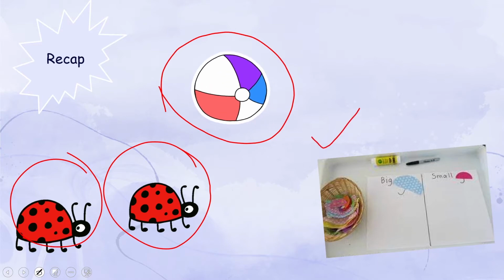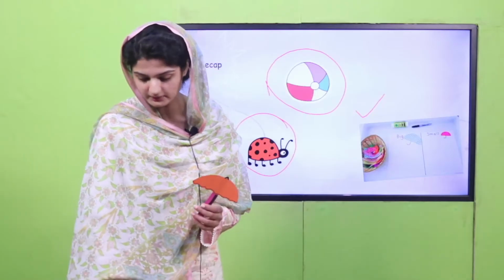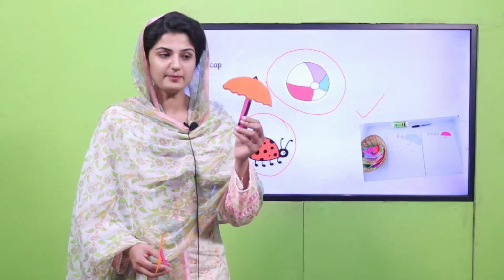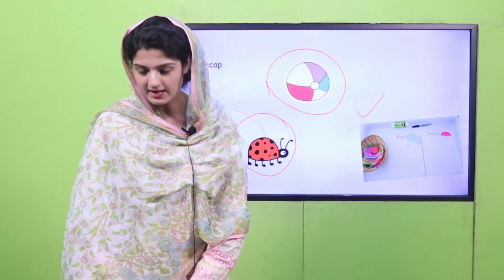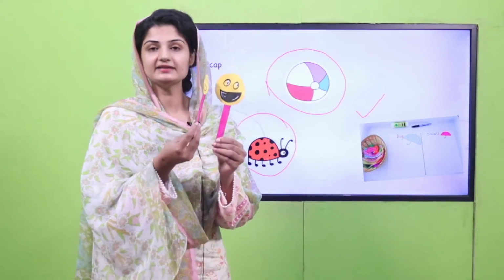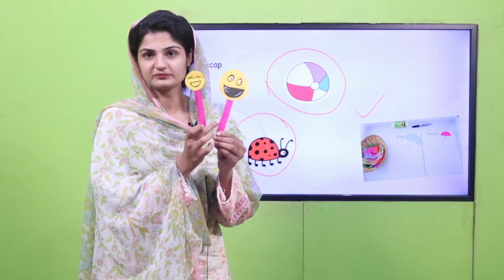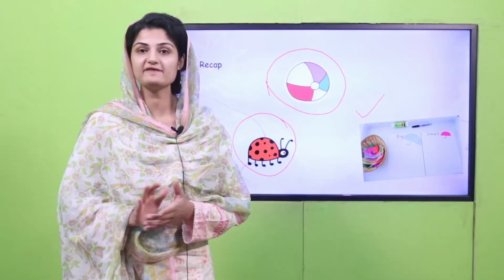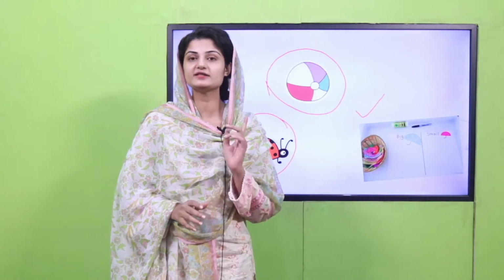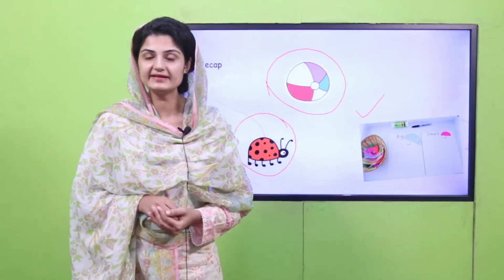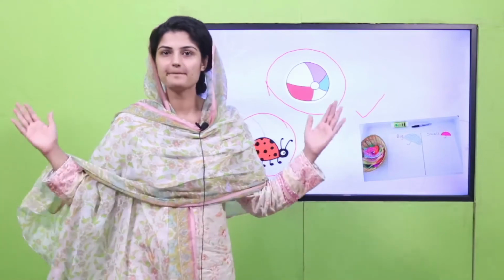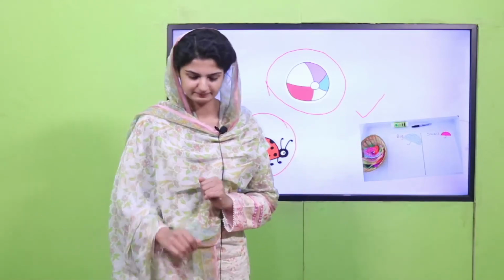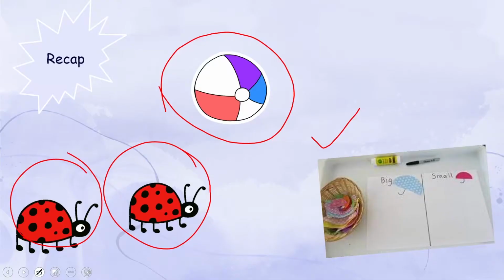I also showed you the flashcards: I made a big umbrella and a small umbrella, and then a big emoji and a small emoji. Right? So hopefully you have your flashcards with you right now because it's going to help you within the lesson of big and small. Repeat the gesture with me, big and small. Let's take a look at the screen.